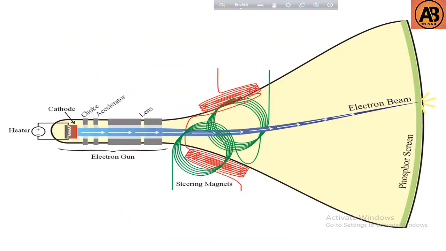Then here you can see the CRT, cathode ray tube. Electrons hit the phosphor, and left to right, different types of phosphor dots help to show the visual on the phosphor screen. This is the phosphor screen.